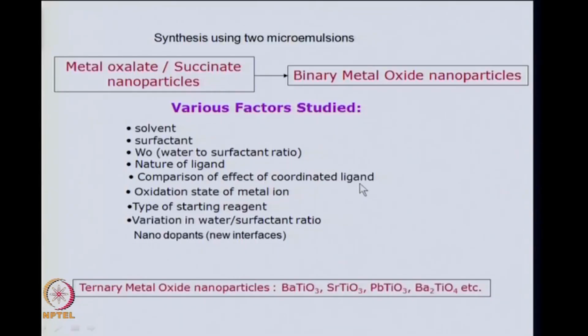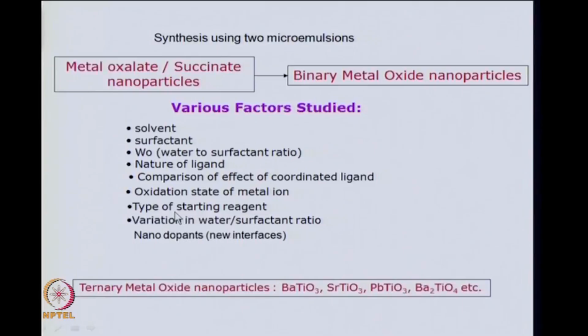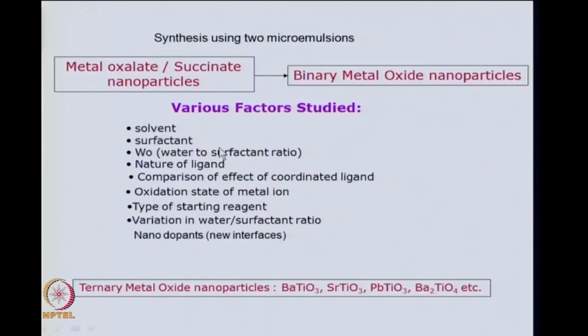The oxidation state of the metal ion may be important because it depends on the solubility product of the metal ion with the ligand, and that will vary whether it is iron +2 or iron +3. You will have to worry about what is your starting reagent, whether you are taking ferrous chloride or ferrous nitrate. Then variation in water surfactant ratio, which we already discussed, will affect this.